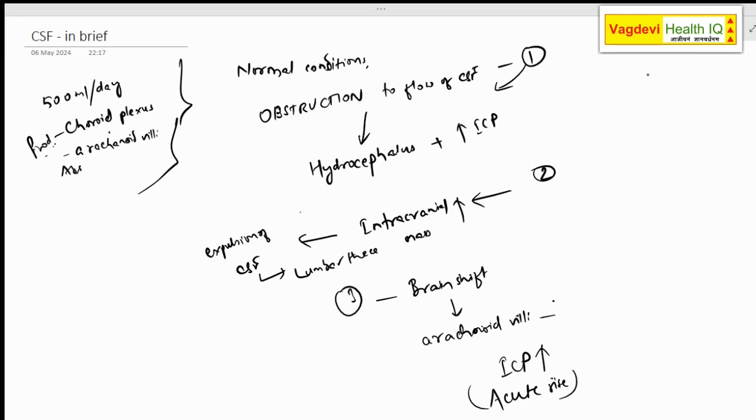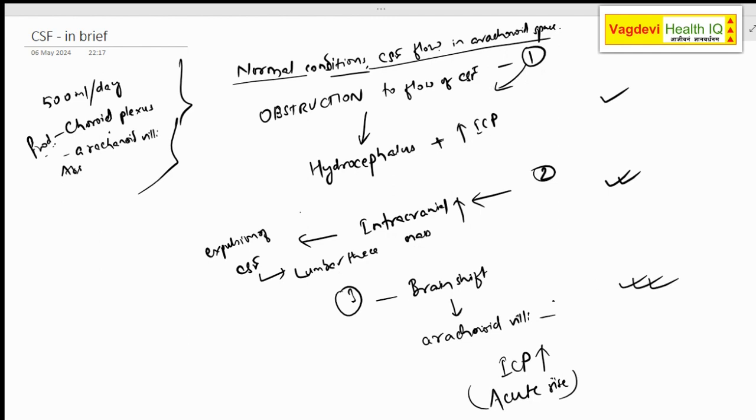So I just told you normal conditions, CSF flows in the arachnoid space. That is a normal condition, but the abnormality starts with obstruction to the flow. This is the first degree: hydrocephalus happens and it will increase the ICP, but further it will cause expulsion of CSF toward the lumbar theca.